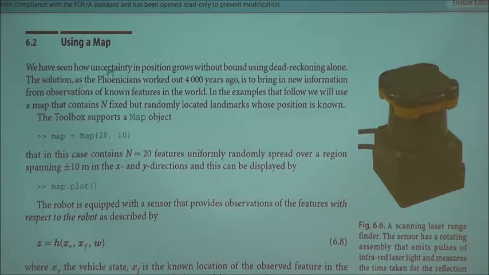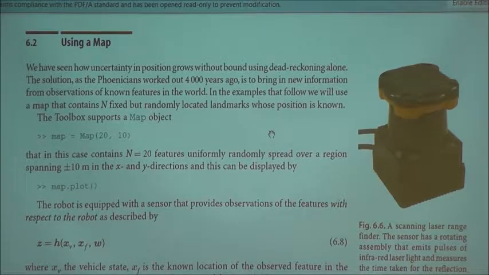So we have seen how uncertainty in position grows without bound using dead reckoning alone. The solution, as the Phoenicians worked out 4,000 years ago, is to bring new information from observation of known features in the world. In other words, start from a very modest, unsophisticated map.